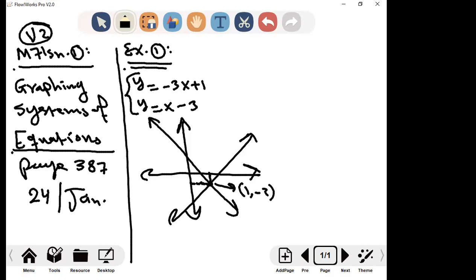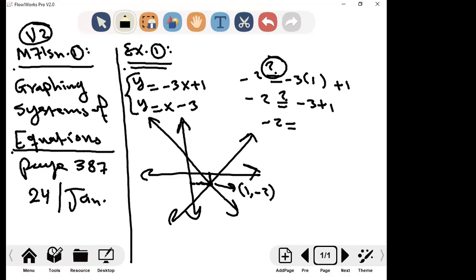It means if you go to the first equation and replace x by 1, let's see if both sides are equal. So y, negative 2, is it equal to negative 3 multiplied by x, which is 1, plus 1? I'm checking. Is it equal to negative 3 multiplied by 1, negative 3, plus 1?